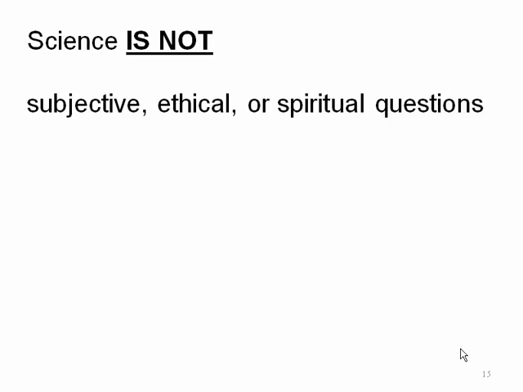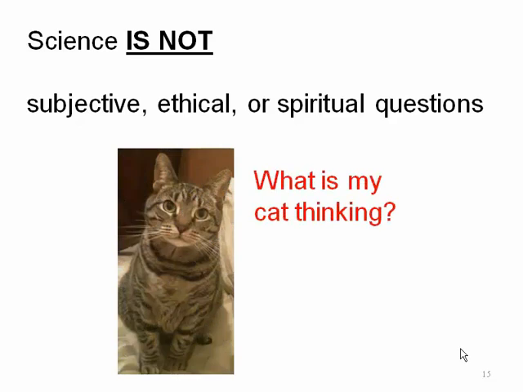Conversely, science is not subjective. It should not involve ethical or spiritual questions. A simple and almost trivial example is the question of what is my cat thinking? That's not something that can be quantified, directly observed, or measured at the current time.